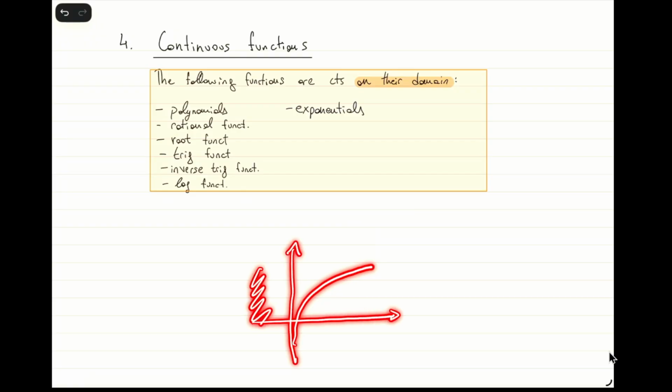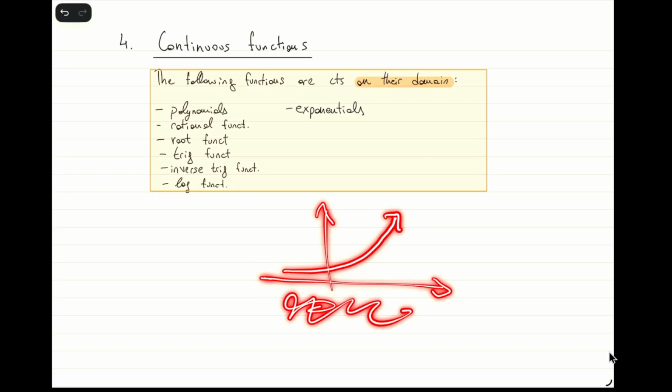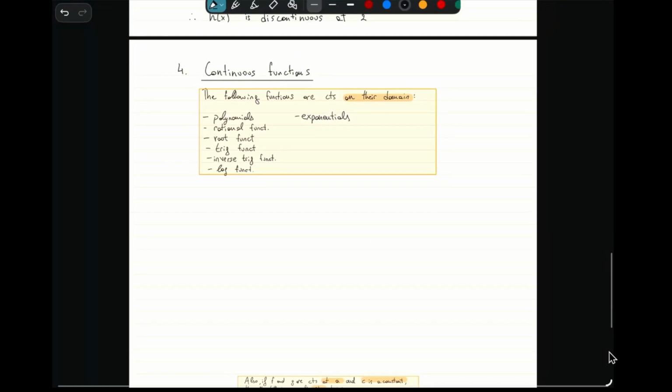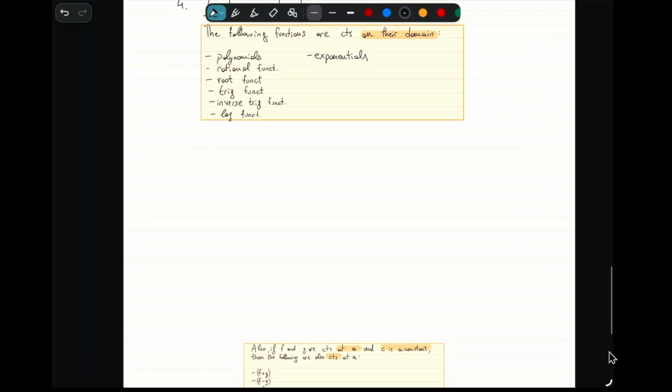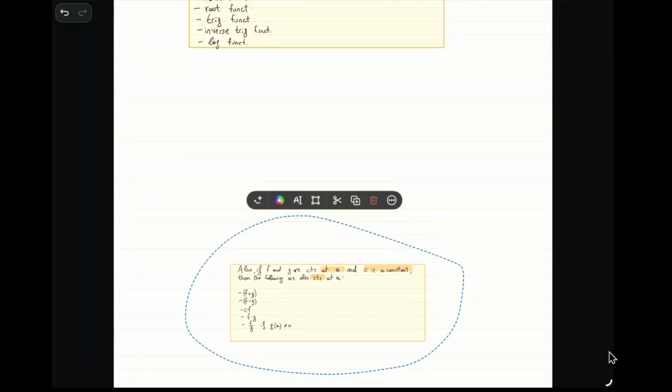If you take something on this side of the graph, there's no point really talking about continuity. Exponential, so anything e to the x, 2 to the x, usually goes maybe like this. Again, if you take some values down here, there's no point talking about continuity because the function is not defined there.